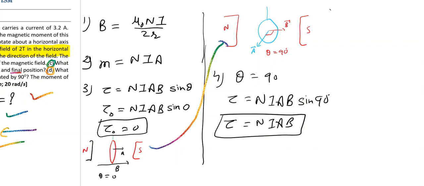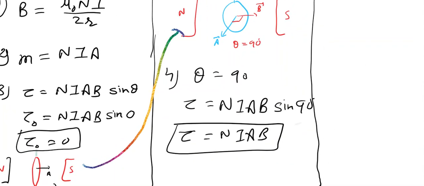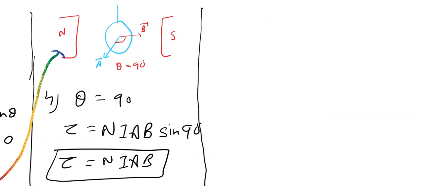I'll try to take another way because one solution is already given in the textbook. So we know that work done is the change in kinetic energy. So I can say that work done is delta K, isn't it? And in this case, initial kinetic energy is 0. So final kinetic energy is half I omega square.